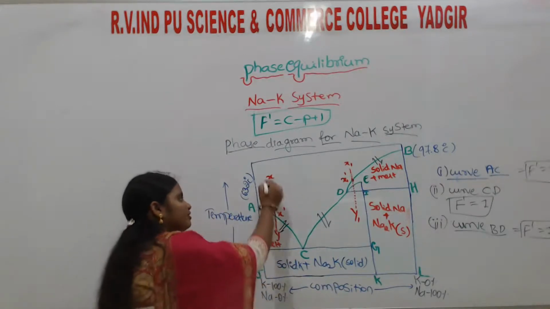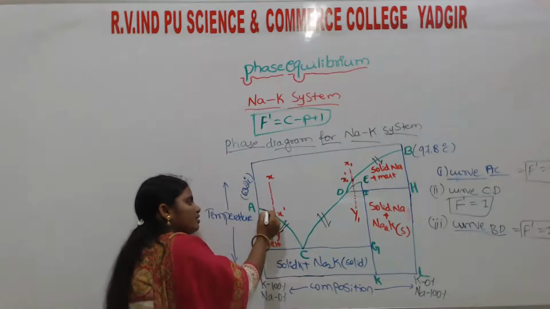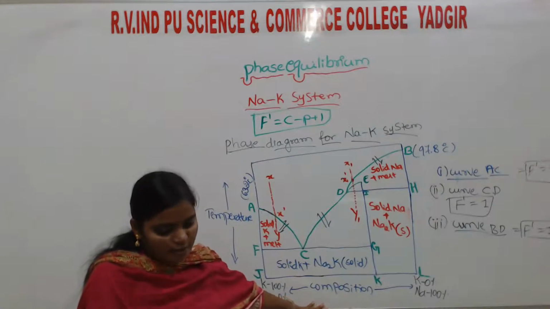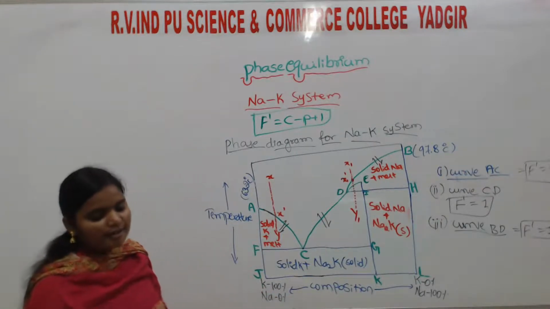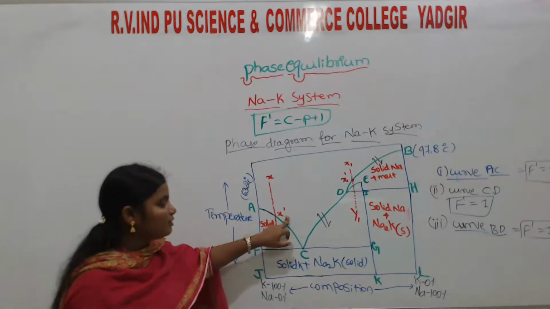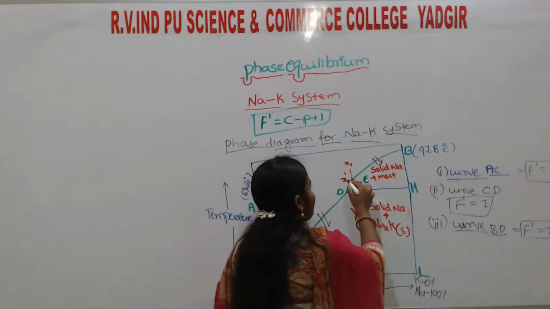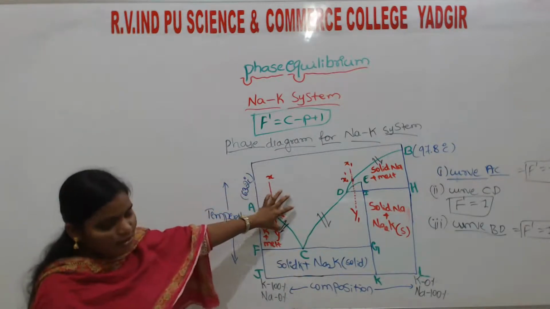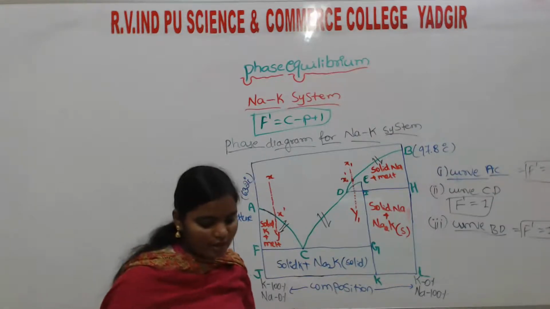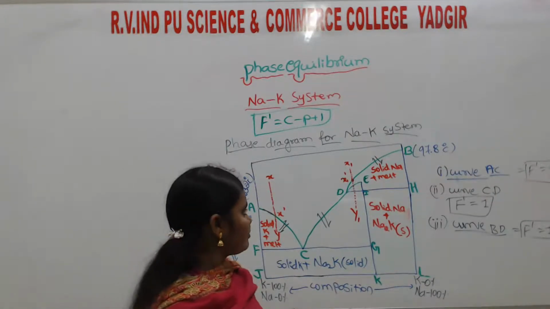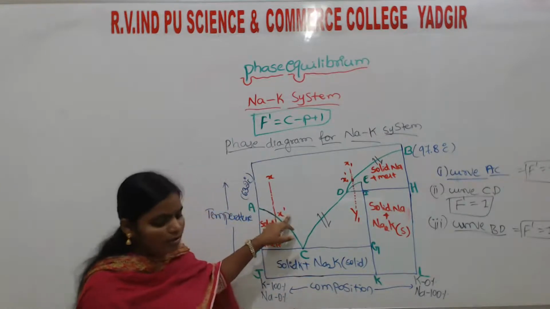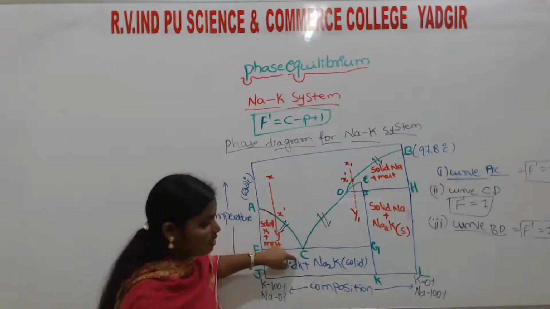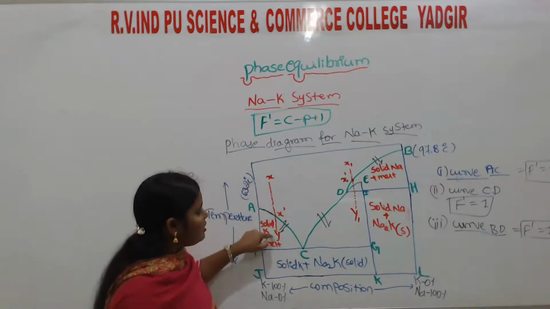When it reaches this curve, the composition changes, up to the point x dash. After point x dash it follows the path along this curve, x dash c, not xy.